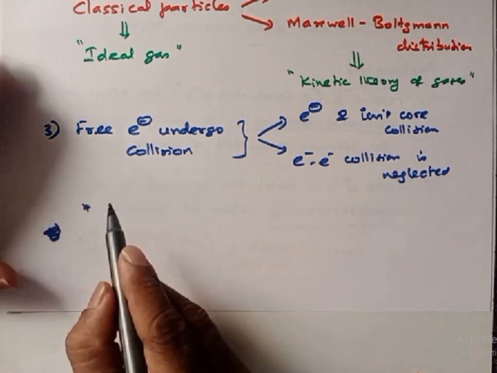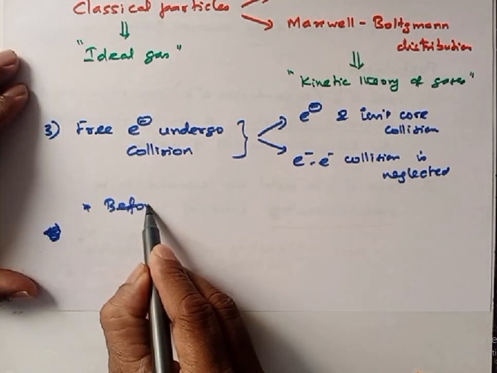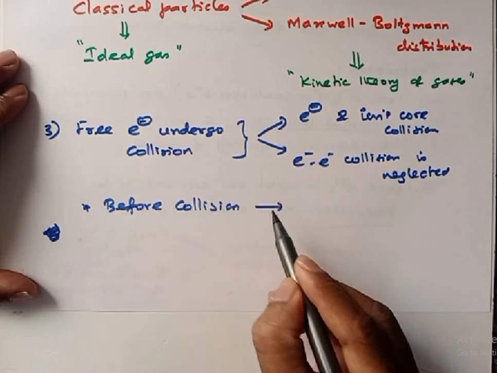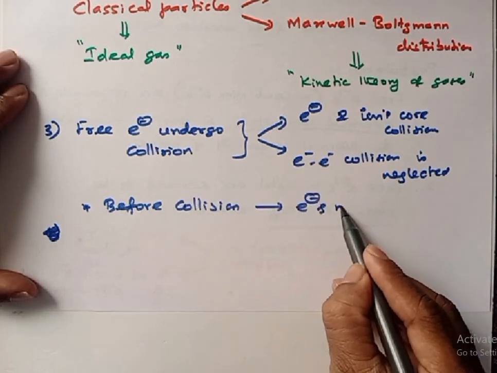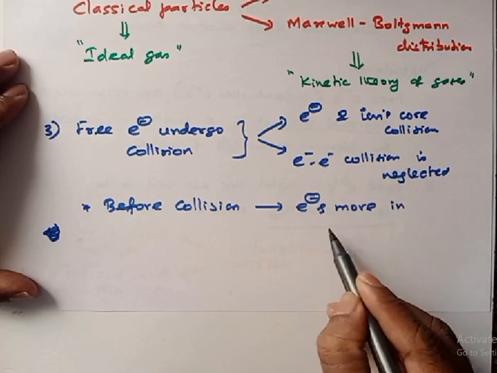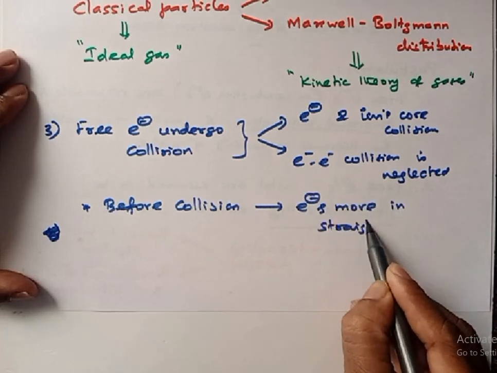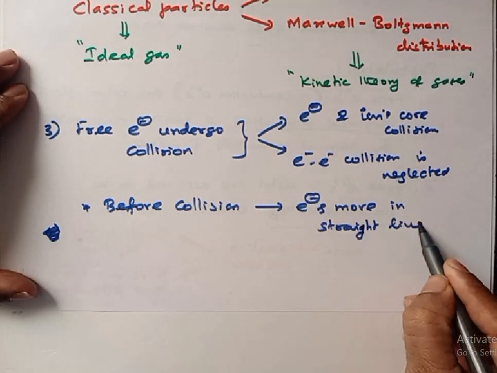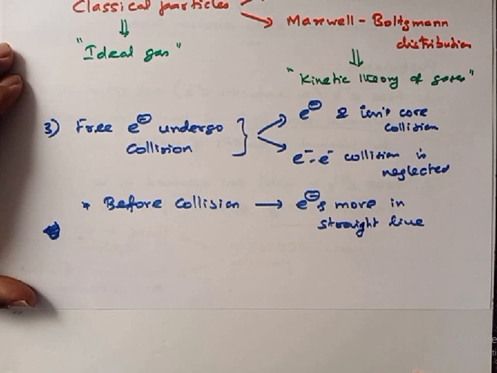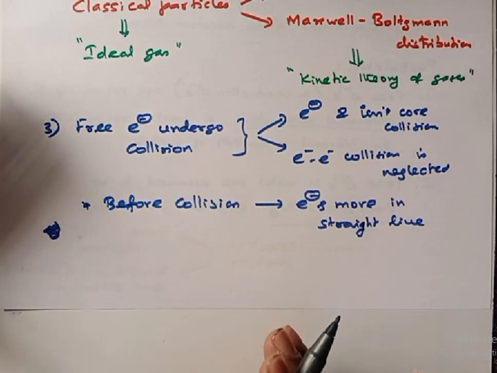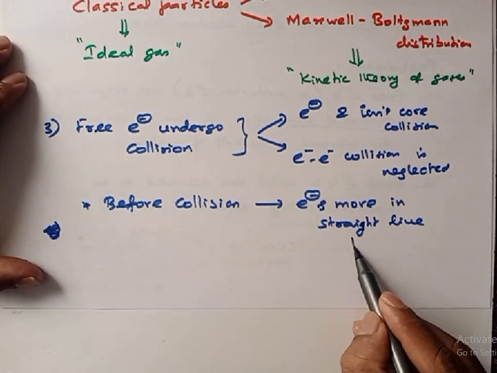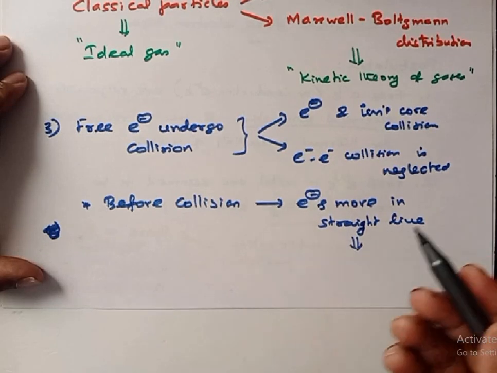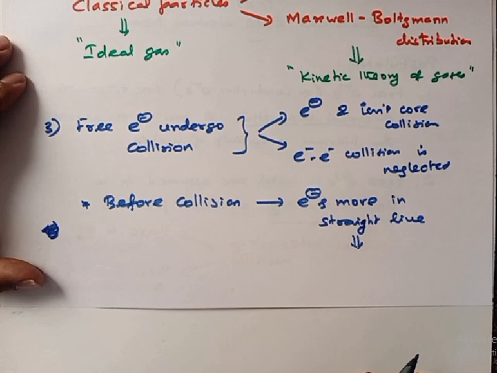Before collision, electrons move in straight lines. Not only that, we are going to see that the velocity of the electron keeps increasing in the presence of an electric field.